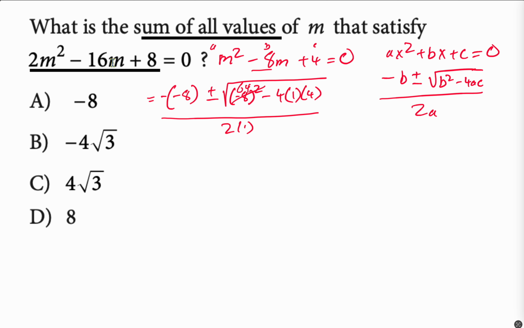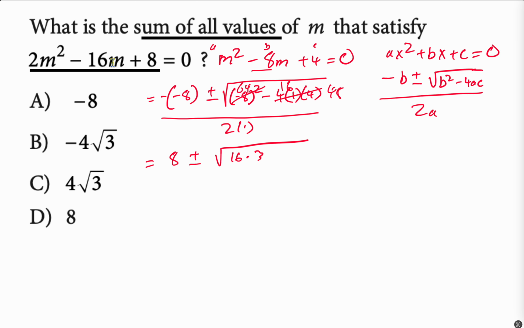Minus 4 times 4, that is 16. So 64 minus 16 is 48. The whole thing under the square root gives you 48. So let's rewrite that: negative 8 times negative 8 gives 8, plus or minus the square root of 48. By looking at the number 48, we know it is 16 times 3.